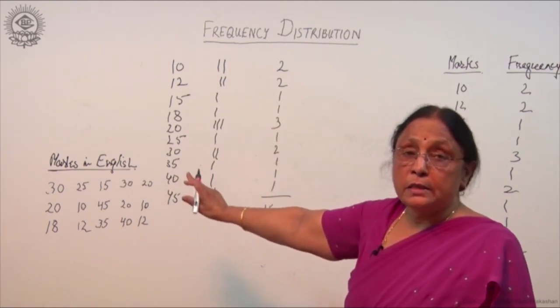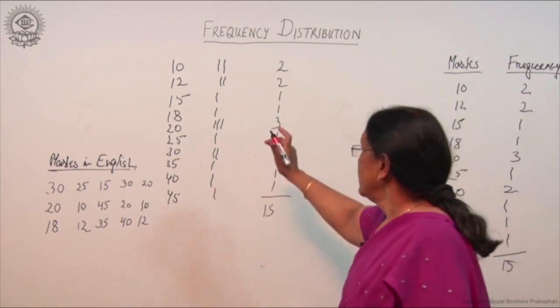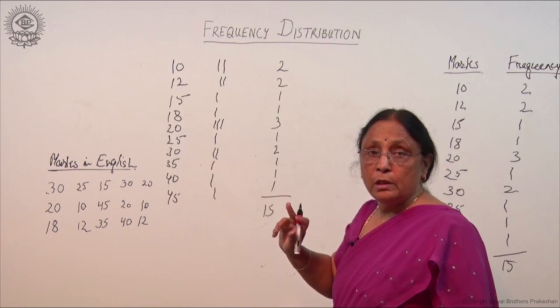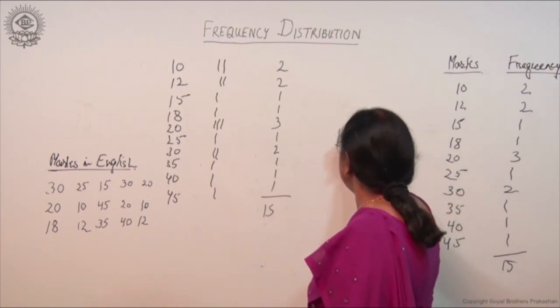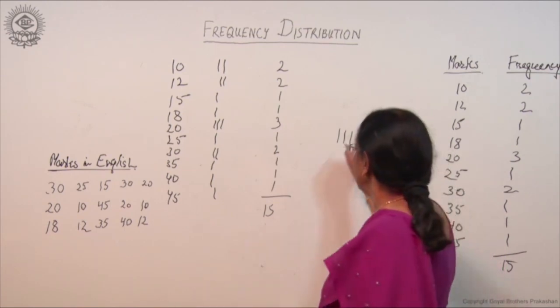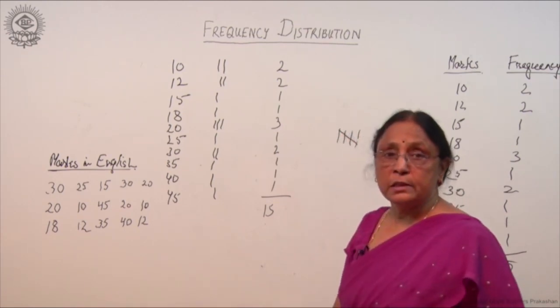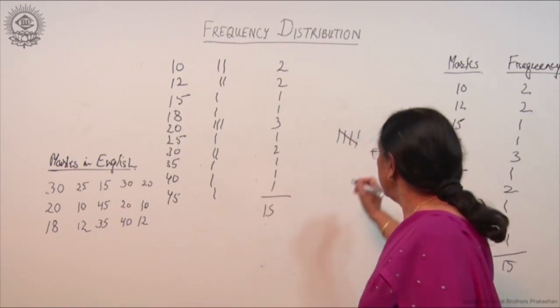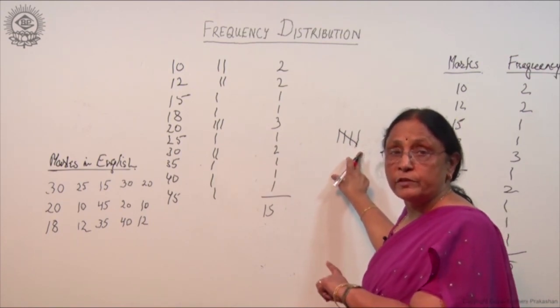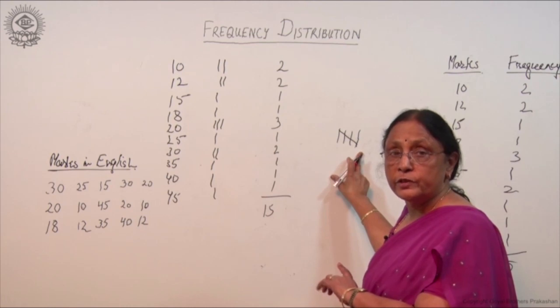And in this case, suppose there are hundreds of figures, and any item is appearing 5 times. 1, 2, 3, 4 you will denote like this, 4 times. 5 times will be denoted by making a stroke across like this. This means that a group of 5 you have denoted, that is, 5 times an item has appeared in the series.